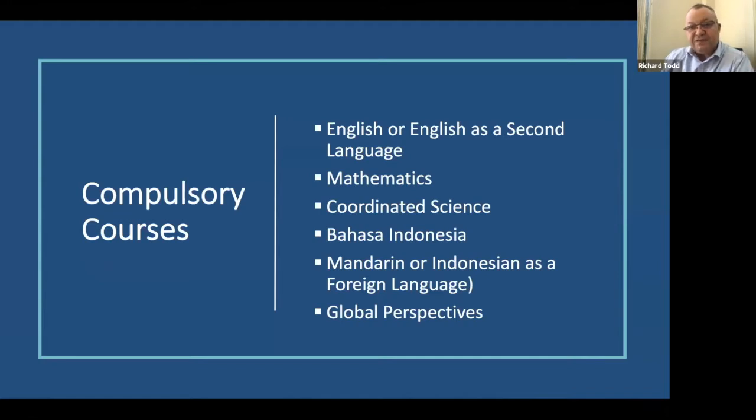Global perspectives, if you're not familiar with that phrase, you would probably understand it as a combination of geography and history, very much with a 21st century perspective. By the way, just to let you know, please add some questions to the Q&A if you have any. I believe there's a Q&A button somewhere in the participants panel.